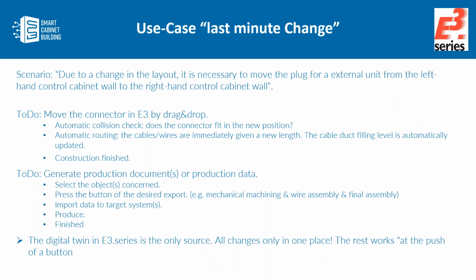You have to export the data for Comax, for the wire processing machines, but you have all the information in E3, and the sorting, the algorithm is automatically done, the versioning as well. If you use, for example, this export to ELAM, it's just one click for each system. You can export it. The data is a perfect fit.